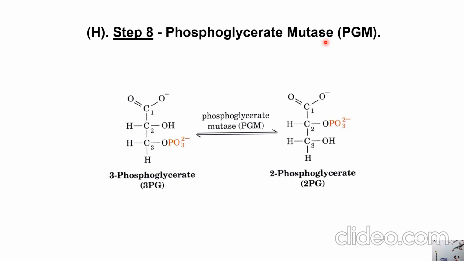Step 8 is phosphoglycerate mutase, where 3-phosphoglycerate gets transformed to 2-phosphoglycerate, moving the phosphate group.